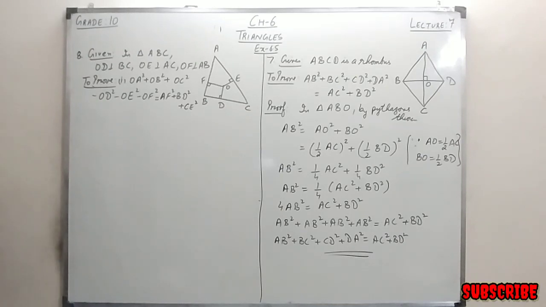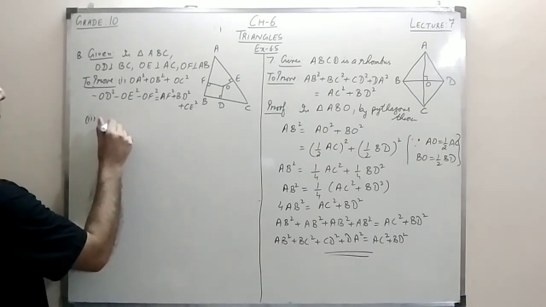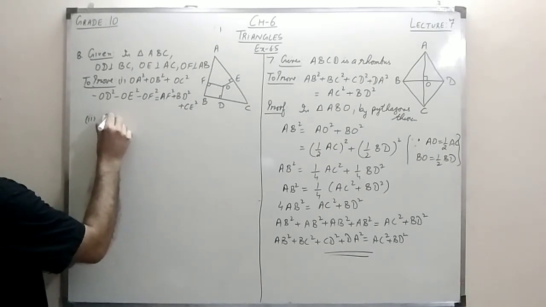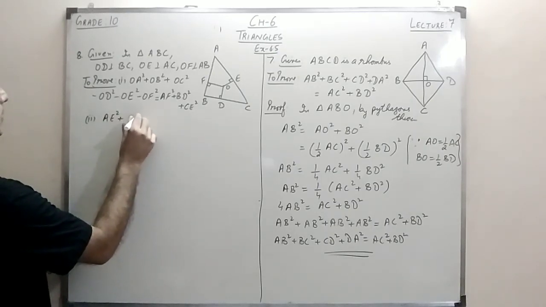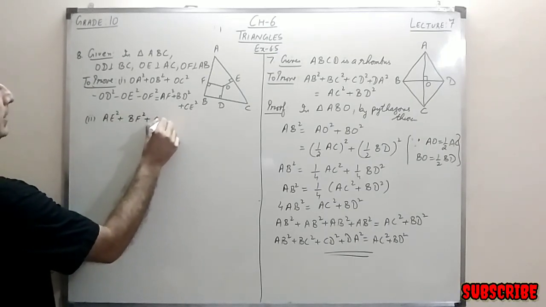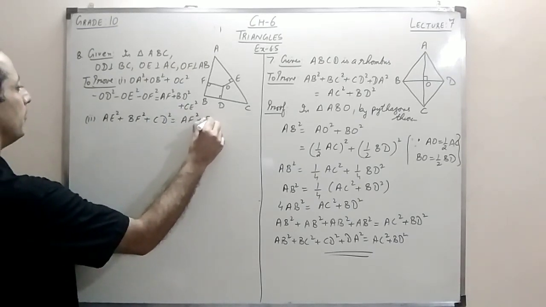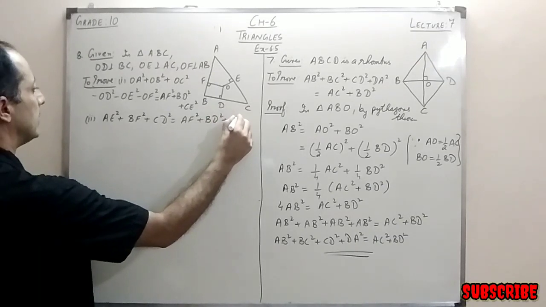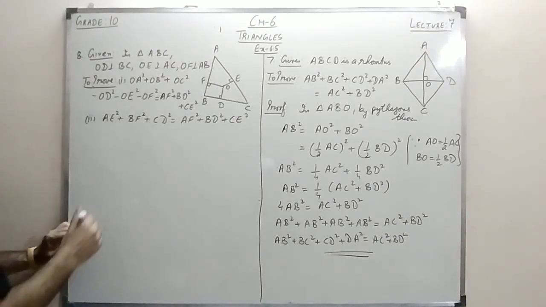And in the second part, I have to prove that AE square plus BF square plus CD square is equal to AF square plus BD square plus CE square. This is what I have to prove in this question. So let's start with the proof.